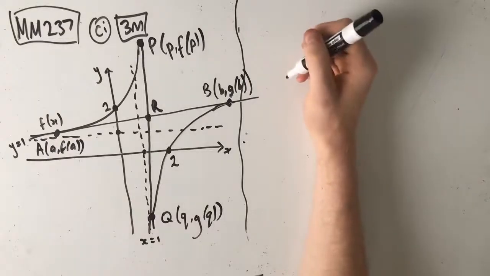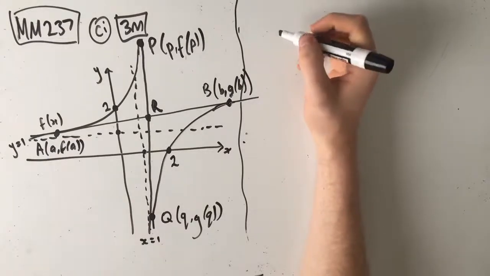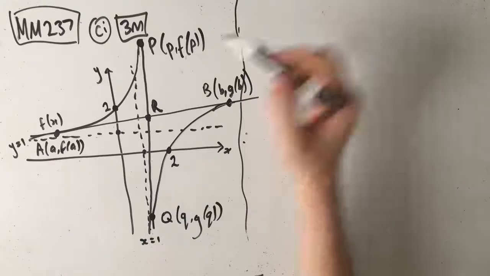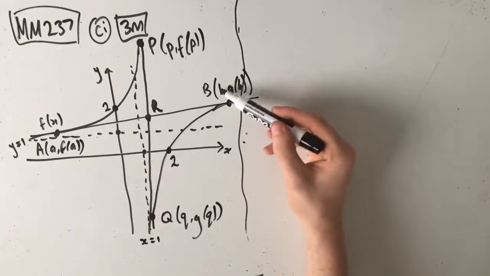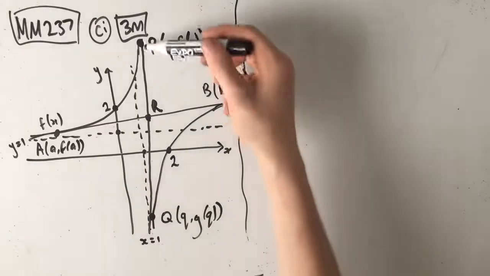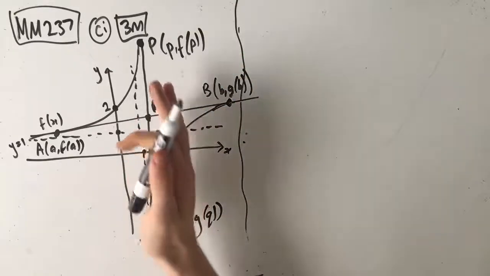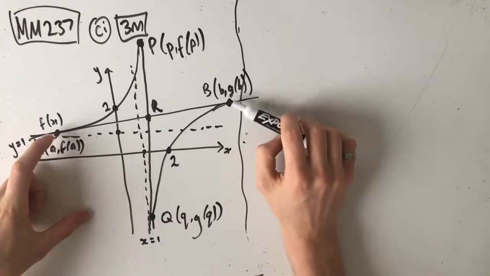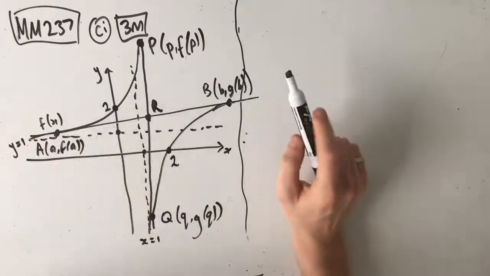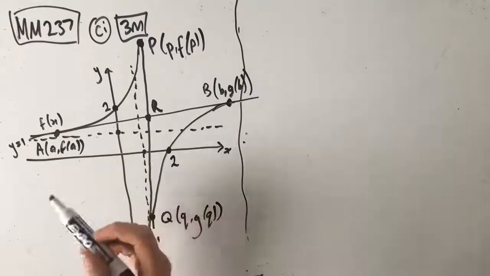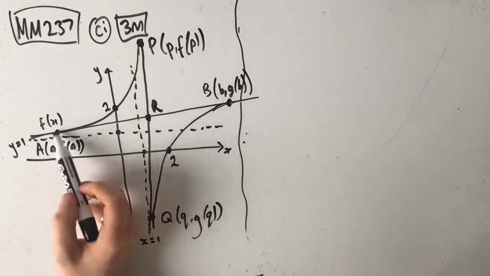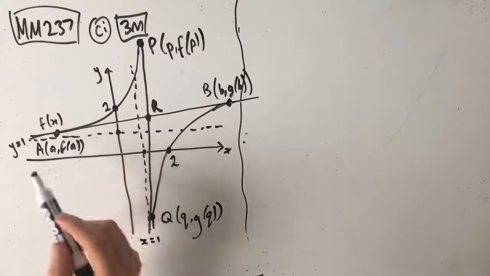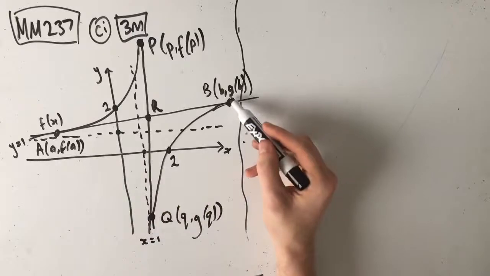So, 3-mark question, and we need to find this value here, a, and this value here, b. So we're actually not going to be using p and q in this question, so we can kind of just ignore those for now. But what we do need to do is use these points here to try and find a and b. So we know that the gradient at a is going to be the same as the gradient at b, right?